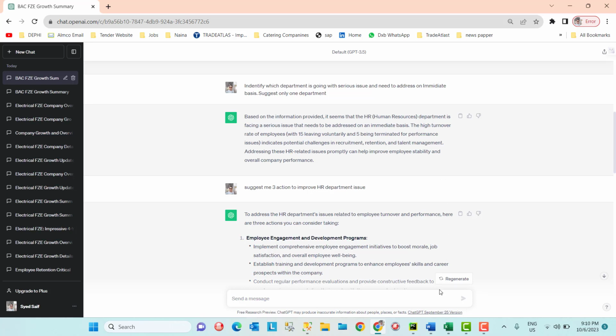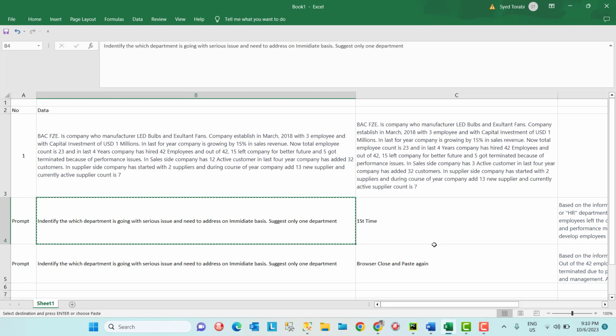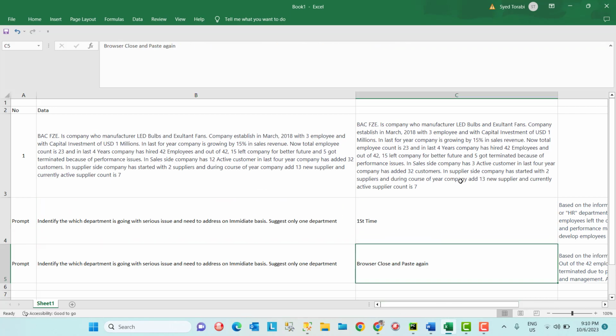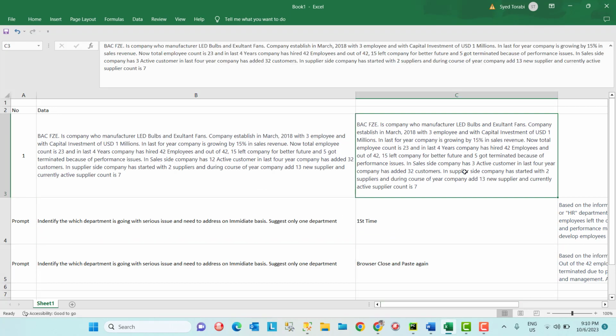What we can do is go and change the prompt. I changed something on the sales side: three active customers, and in the last 4 years the company has added 32.